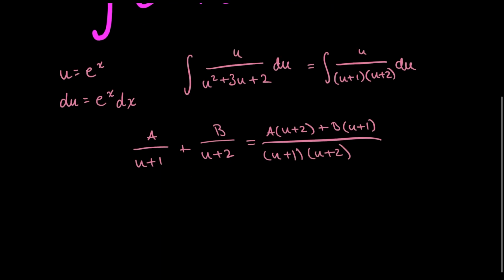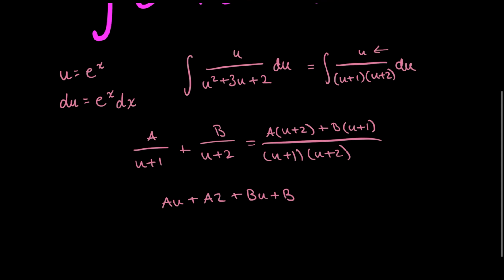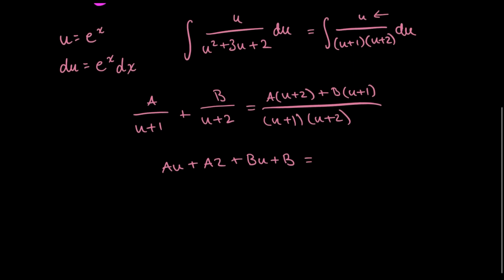And now if I distribute, just ignoring the denominator for a second because we don't really care, distributing the terms in the numerator, I have au plus 2a plus bu plus b, all equal to my original numerator over here, which is just u.